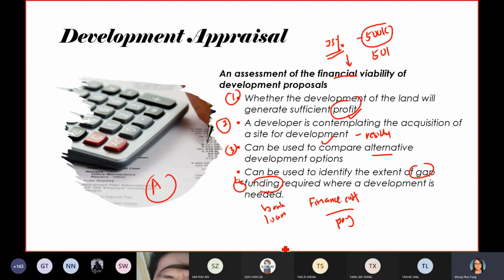In order to prove it, normally the bank will also require checking your development appraisal to see what the revenue is, how much cost you need to pay, and whether it brings sufficient profit at the end. So that is also the purpose of preparing the development appraisal: to convince your funder. Okay, the bank is one of your funders to fund your project. So that is the last purpose.